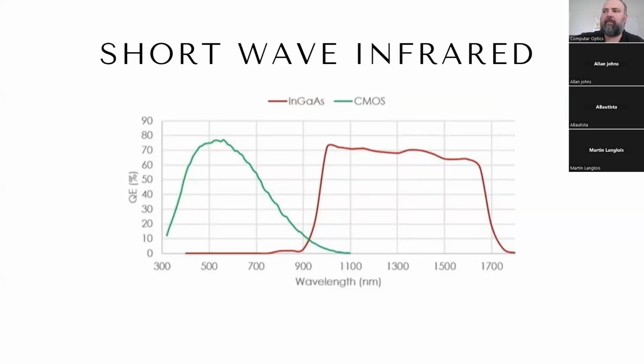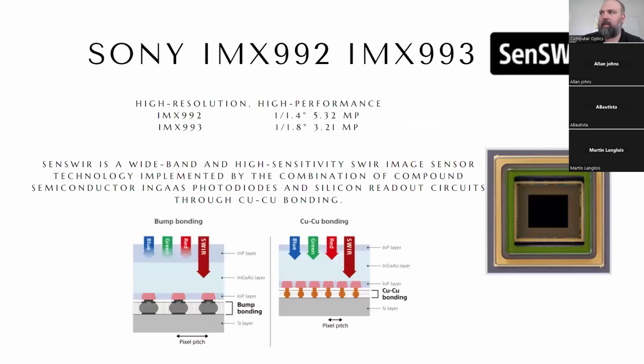That visible wavelength falls within that 300 to say 700 area. So for 300 to 700, you're going to use a CMOS, CCD, or other types of those cameras. If you're going into the other wavelengths, 900 to 1700, then you'll see that quantum efficiency jumps and spikes for the InGaAs sensors, right? So that's the main breakdown of what we currently have in the market.